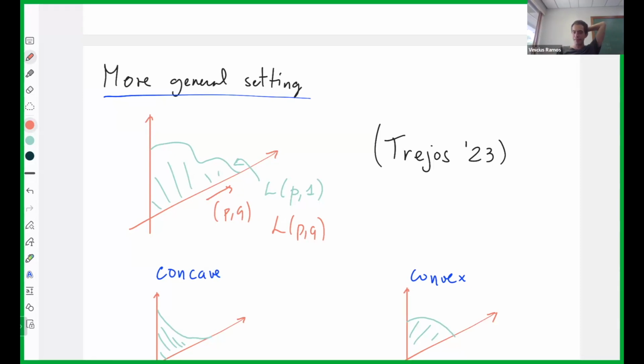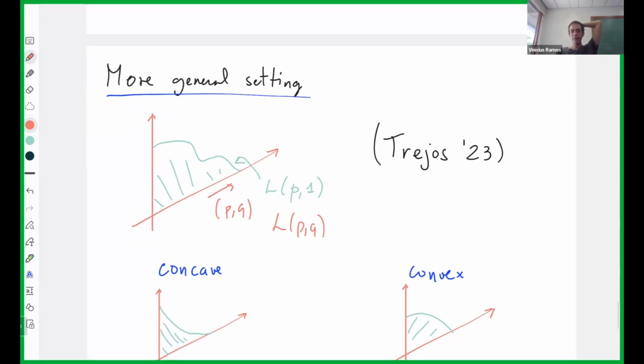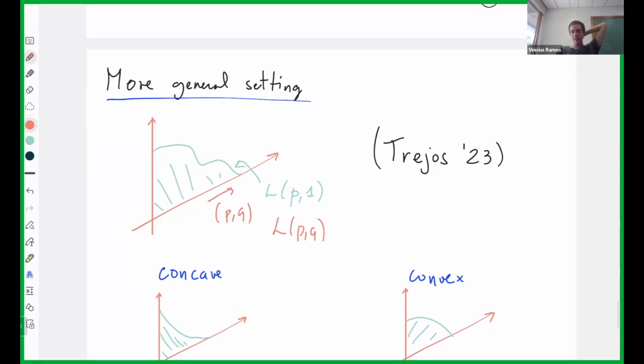This is a well-known thing: the manifold that you obtain when you connect this line to the other line is an L(p,q). So you can do the same thing, and then you can talk about toric domains in this setting.